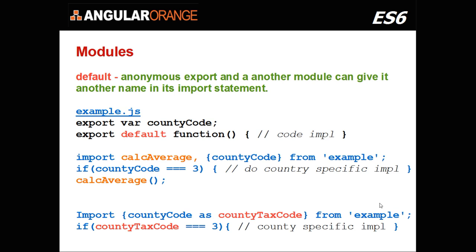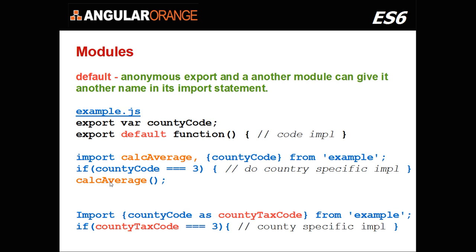Okay, the default is an anonymous export, and another module can give it another name in its import statement. So suppose I have a function that does something, doesn't have a name, and I export it as default. So now I import calculate average without using the curly brackets from the example.